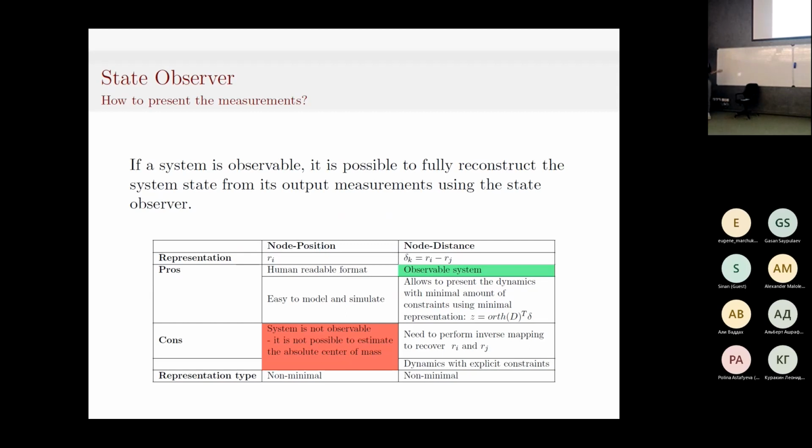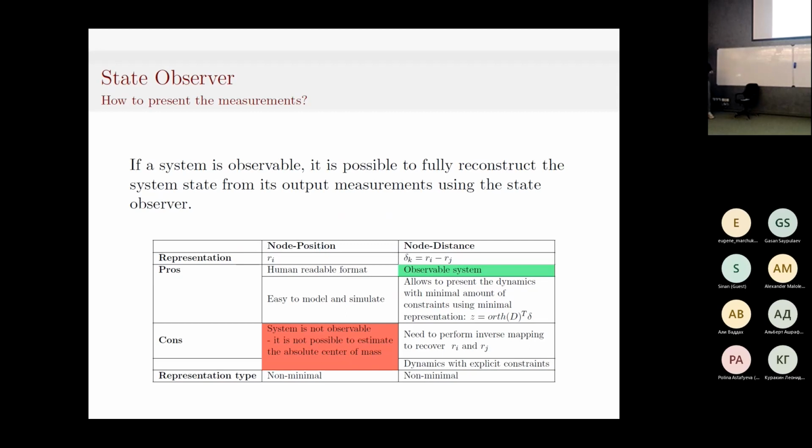The problem with tensegrity is that the most common approach to represent the tensegrity structure results in a non-observable system.